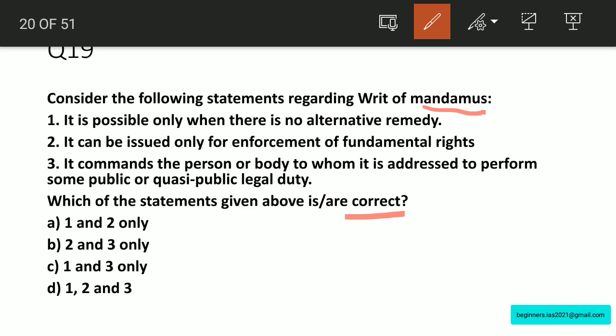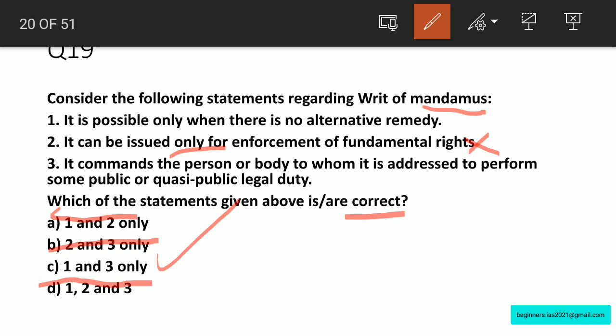Therefore, statement number 2 is wrong. Why is it wrong? It is given as only for enforcement of fundamental rights. No, as we have just discussed, it can be issued against a public official who refuses to perform mandatory public duties. Therefore, you can eliminate options A, B and D. Therefore, the answer for the question is 1 and 3. This is the elimination method.